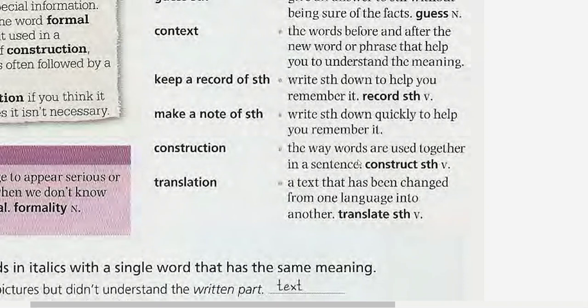Construction: the way words are used together in a sentence. Construct something, verb. Construction, noun. Translation: a text that has been changed from one language into another. Translate something, verb.